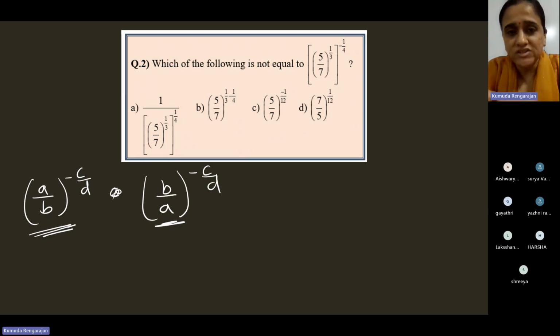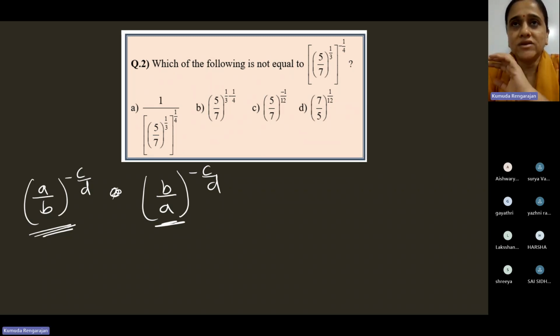If you do both the changes at the same time, you are writing the equivalent of the given expression. If you write only one of the two, you write the reciprocal of the base but the power as it is, or you write the base as it is but the negative of the power, then you're writing the reciprocal of the given expression.